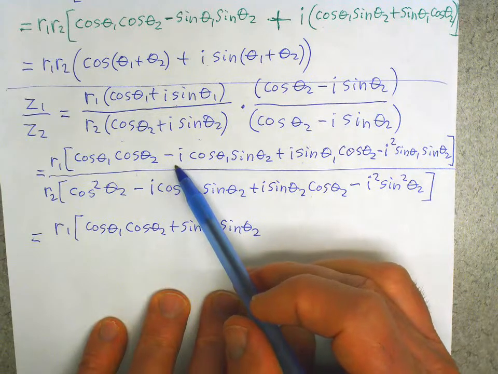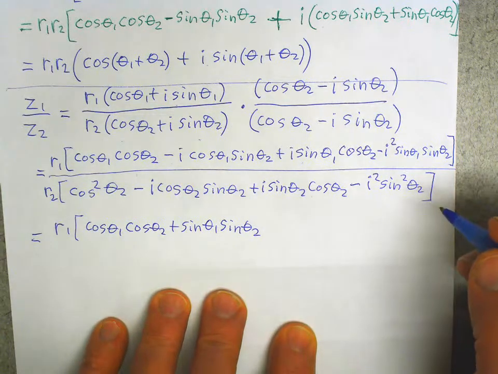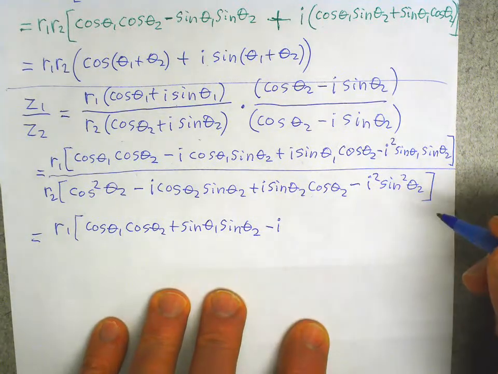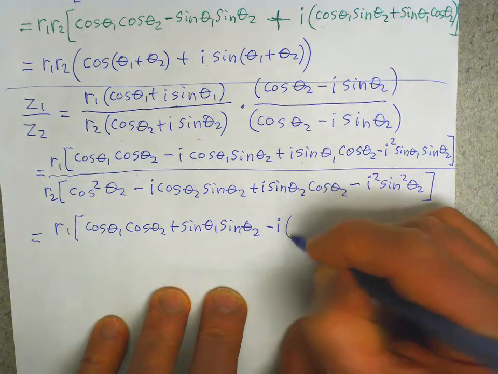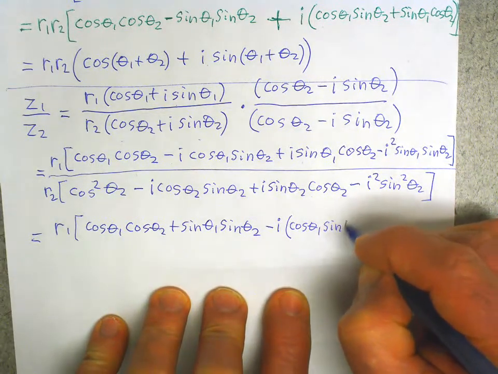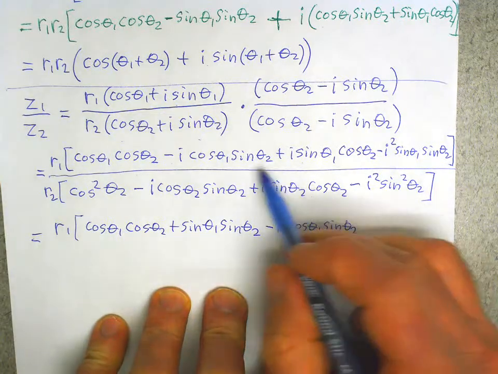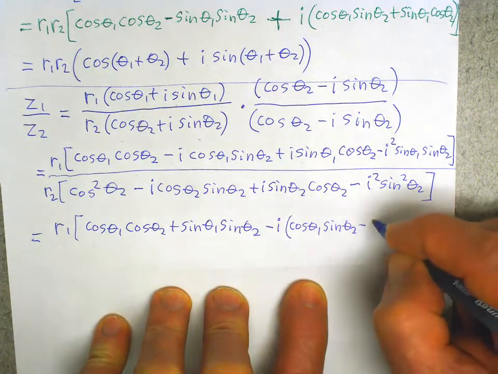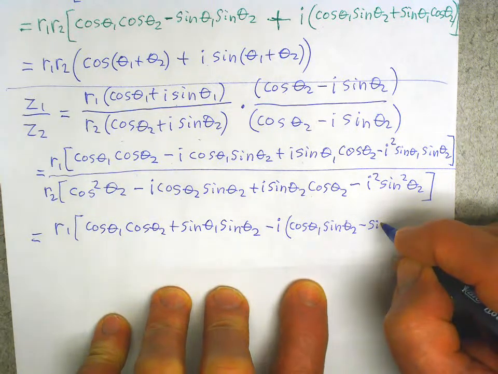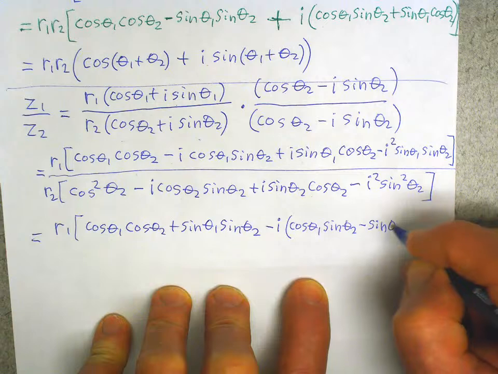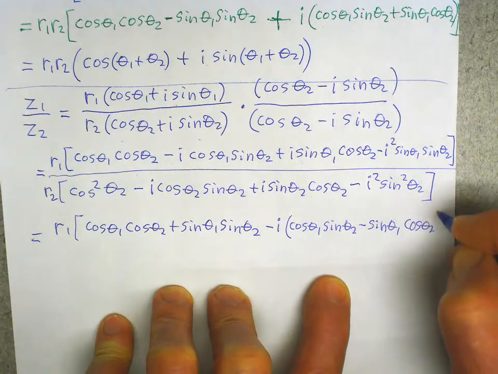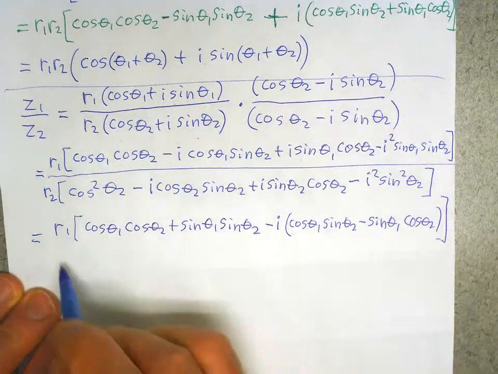And then the i parts, well, we can write minus i times the quantity cosine theta 1 sine of theta 2. And we're factoring out a negative i, so this is minus sine of theta 1 cosine of theta 2. Okay, so that's the numerator.